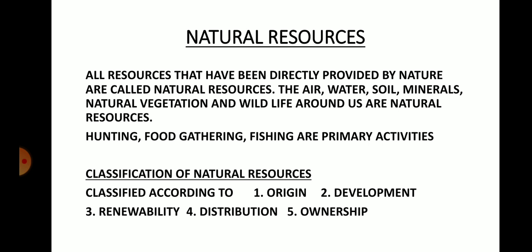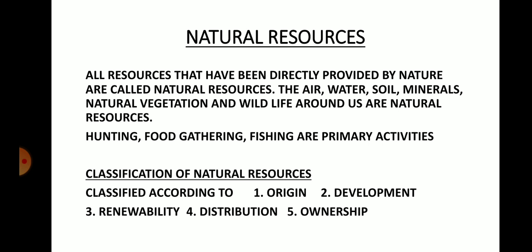Natural resources are classified into five divisions according to their origin, development, renewability, distribution, and ownership. They are divided into five categories. And primary activities, we have to study about this also.